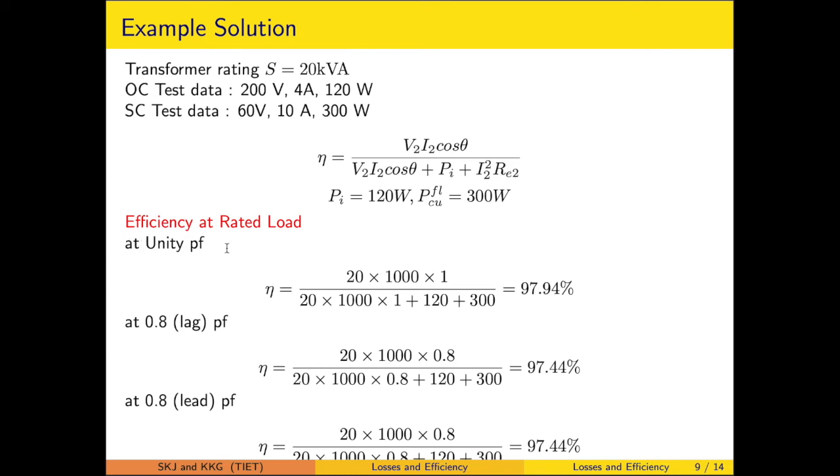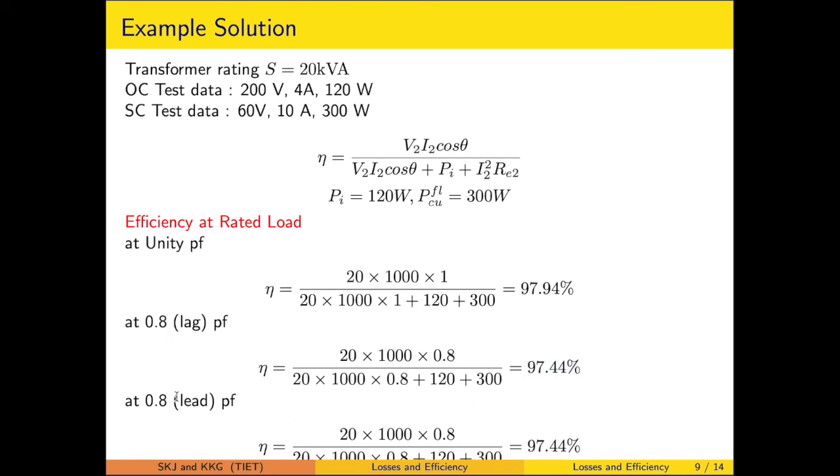So the efficiency at the rated load is calculated. Rated load means it is giving 20 kVA. So at unity the output will be 20 kVA multiplied by 1, which is the cosine theta. Losses are 120 and 300, so it gives rise to 97.94 efficiency. At 0.8 lagging power factor, cosine theta is replaced here as 0.8 instead of 1, and we get the expression like 97.44.